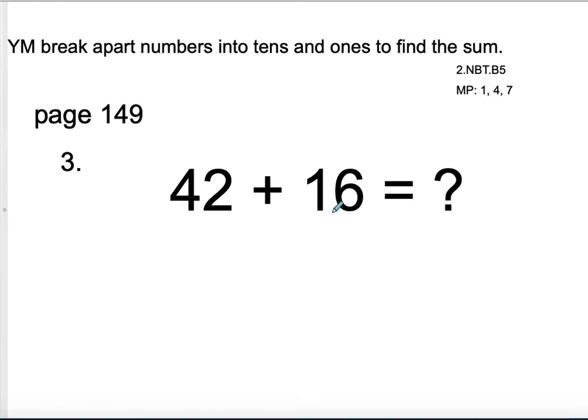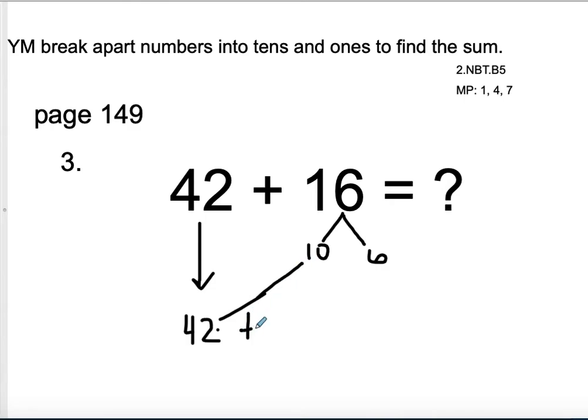Here we have 42 plus 16. We're going to keep 42, and we're just going to break apart the 16 into tens and ones. There is 1 ten and 6 ones. Now I'm going to add my first addend with my tens.